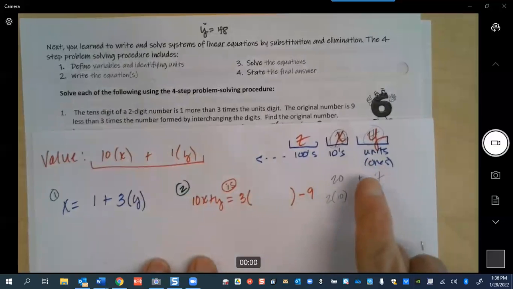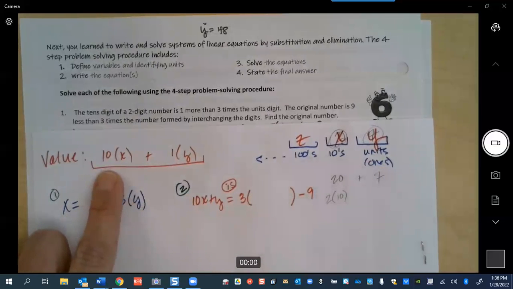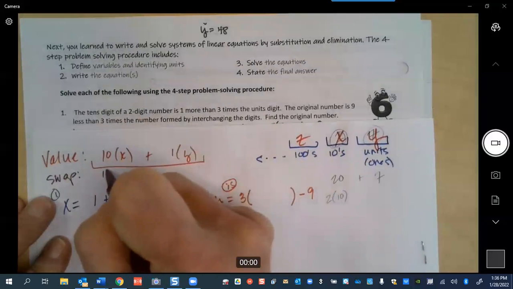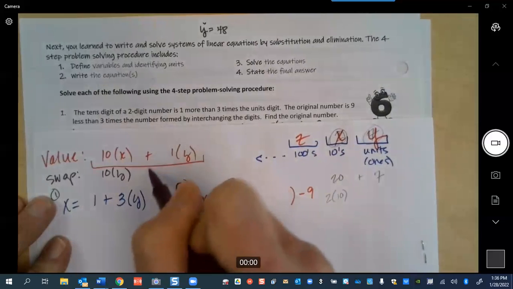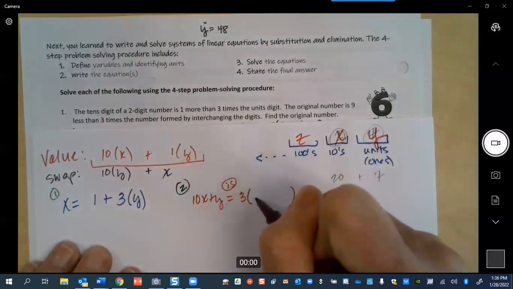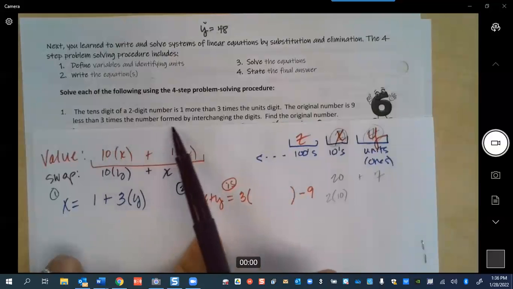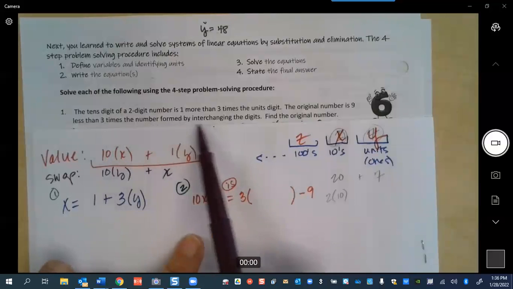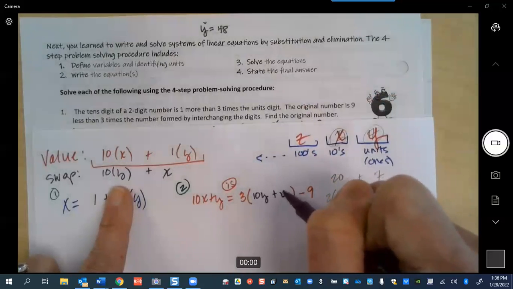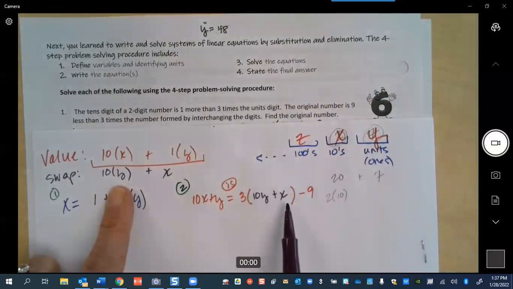So if my original number is 10x plus 1y, my value of my number when I swap means that my y's are in the tens place and my x's are in the units place. So when I talk about 9 less than 3 times the number formed by interchanging the digits, this number is 3 times 10y plus x.